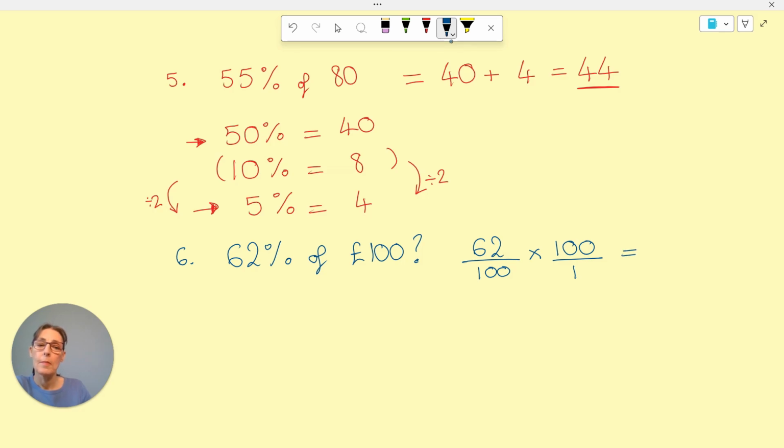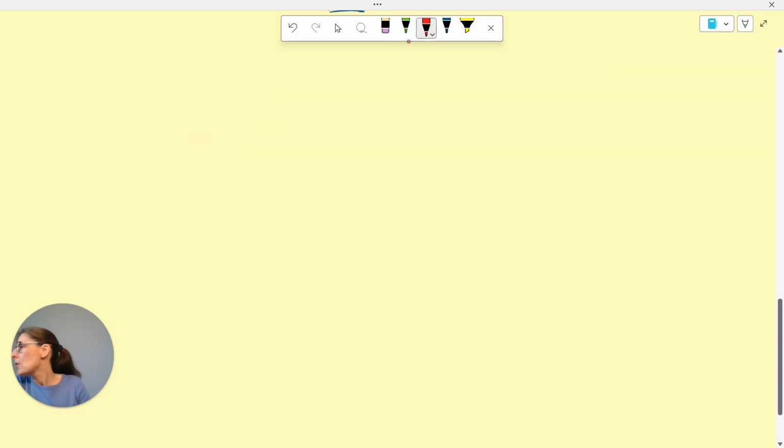Top times top, bottom times bottom, divide by 100. And then we've got 62 over 1, which equals 62. So it's £62. Let's do number 7.